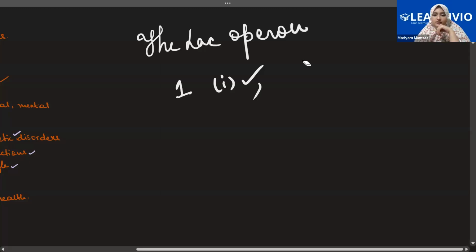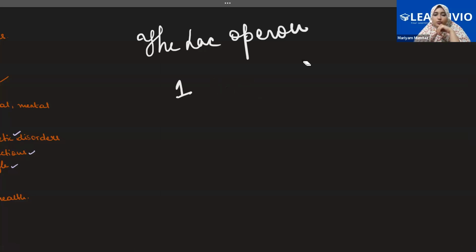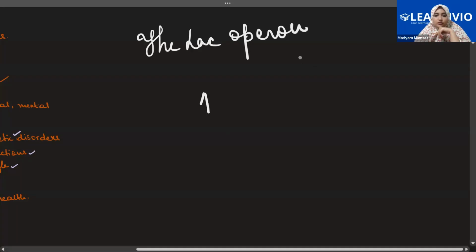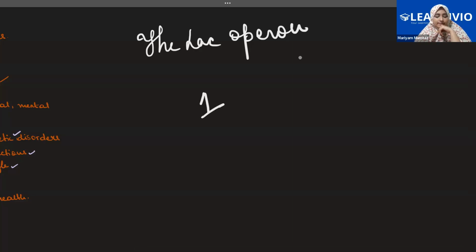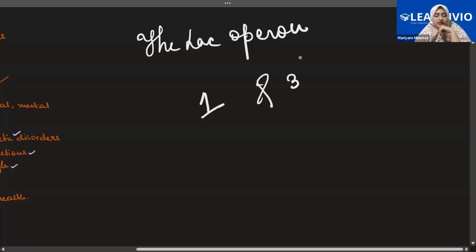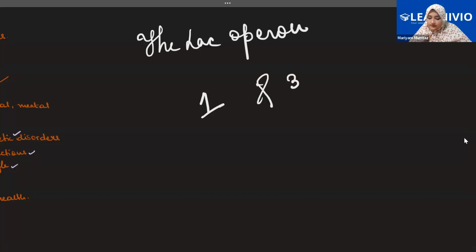The lac operon consists of one regulatory gene or inhibitory gene, comma, one promoter gene, comma, one operator gene, and three structural genes. Ma'am, after promoter gene? I'll repeat it again.